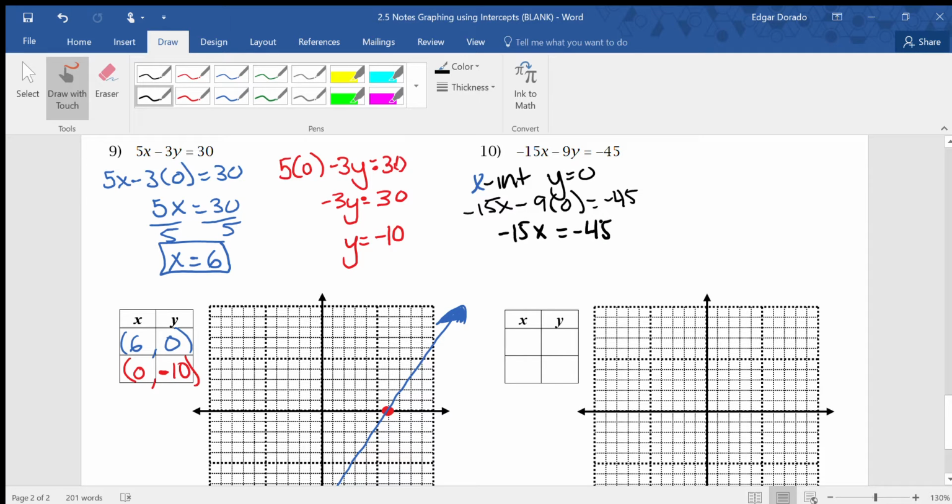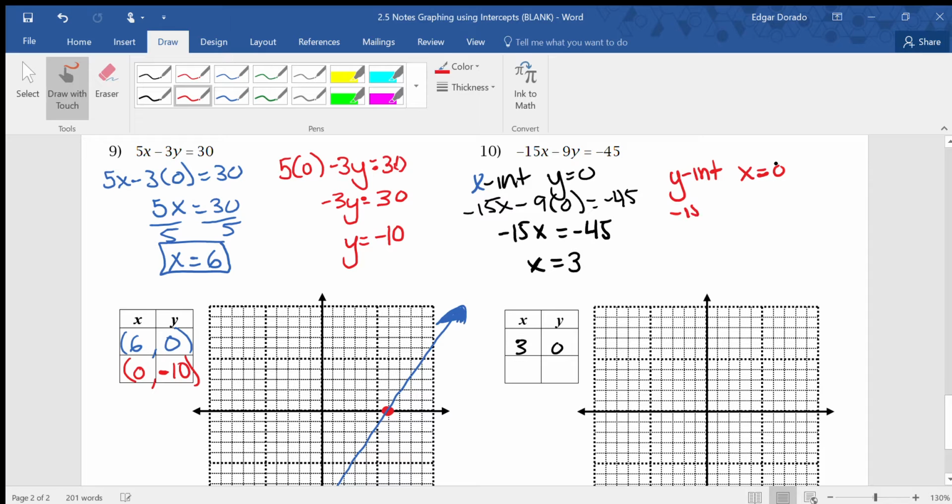Divide by negative 15 on both sides, I get x equals 3. So yet again, I have my x-intercept as (3, 0).